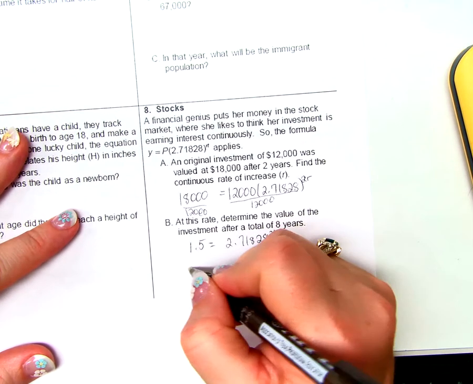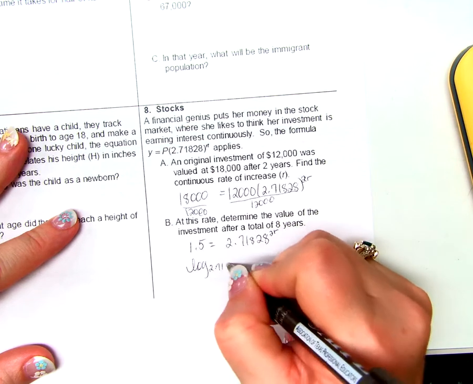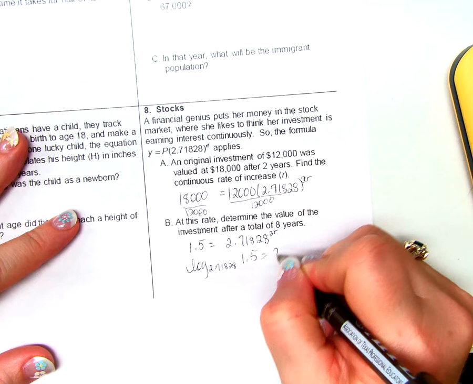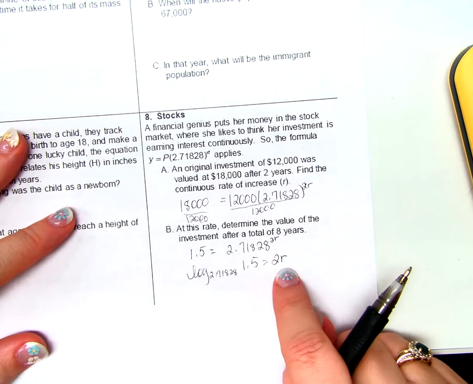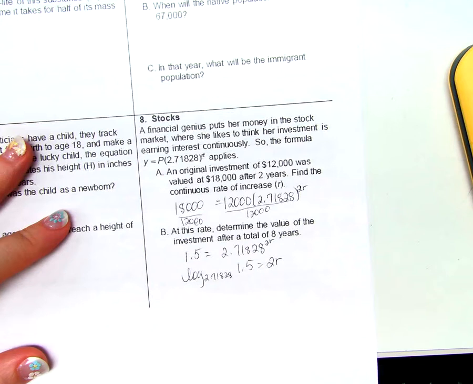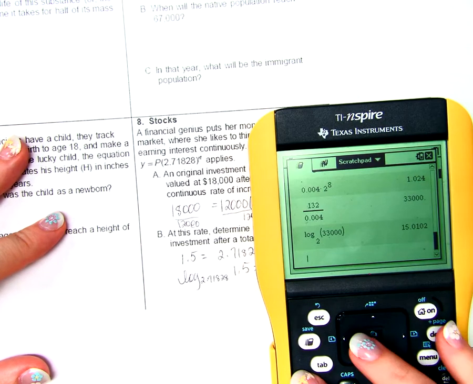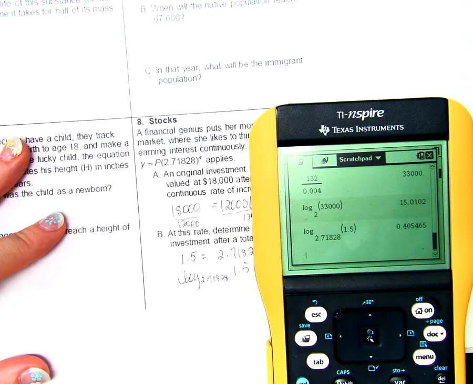Logarithmic form, right? Log base 2.71828 of 1.5 equals, ooh, it's a little different this time, isn't it? That equals 2R. So we're going to have to divide by 2 to get the answer, right? So we're going to do log base 2.71828 of 1.5 and get an answer.